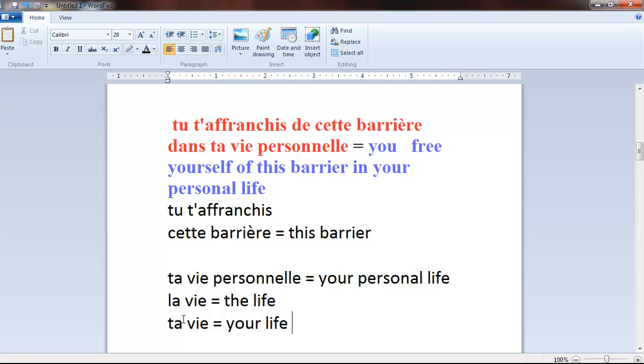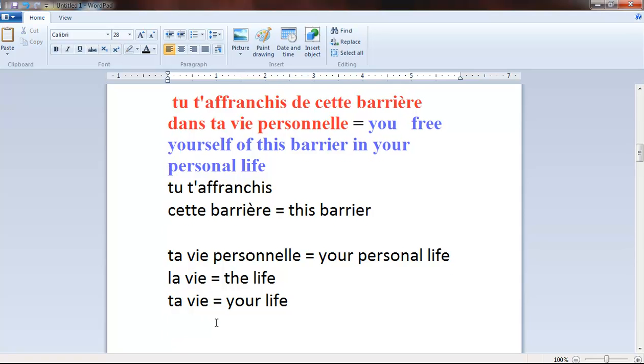Now you just learn that this is a possessive pronoun, and because it goes before a feminine noun, la vie, it will be ta. Otherwise it would have been ton. But we're going to discuss it in a future lesson, don't worry for now. Tu t'affranchis de cette barrière dans ta vie personnelle. Your personal life, ta vie personnelle, la vie, the life, ta vie, your life.